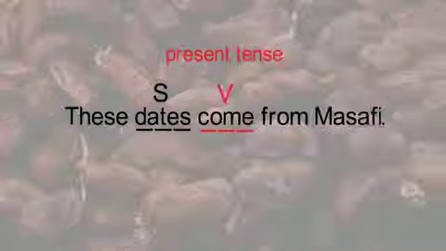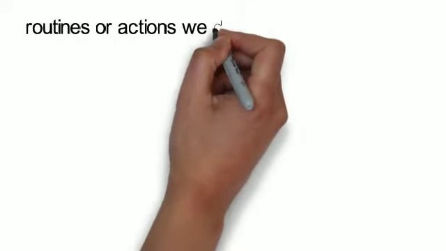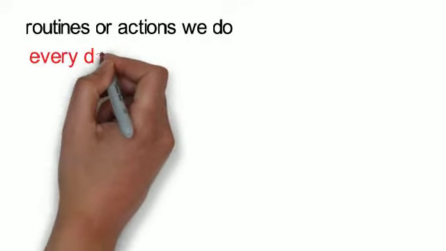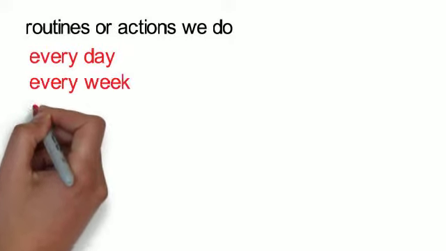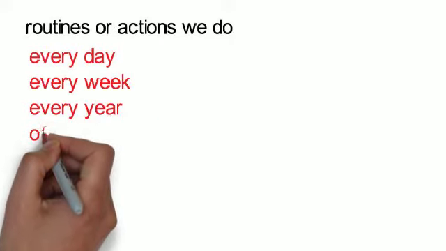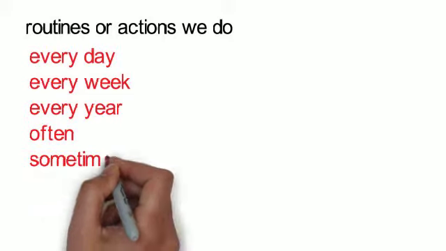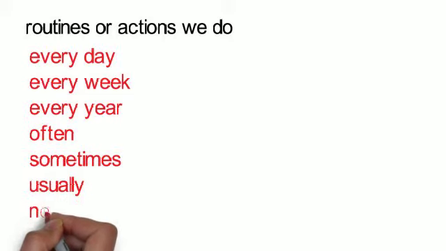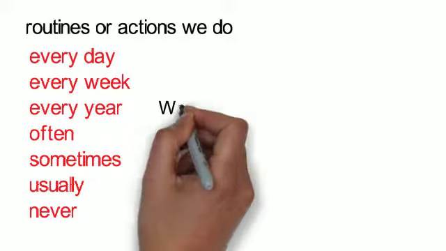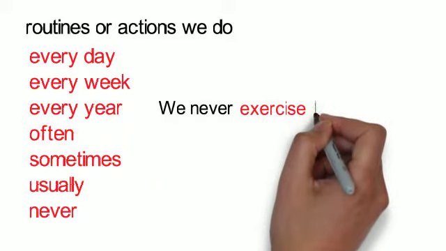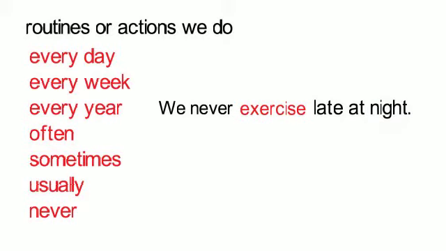Lastly, we use the present simple when we talk about routines or things that we do every day, every week, every year, often, sometimes, usually, or never. For example, we never exercise late at night.